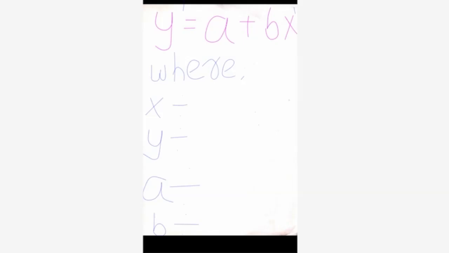For example, if x is a variable which is going to be changed in terms of mean, then y is also a variable which will be changed in terms of mean. If x is a variable which gets changed into median, then y is also a variable which will be changed into median.